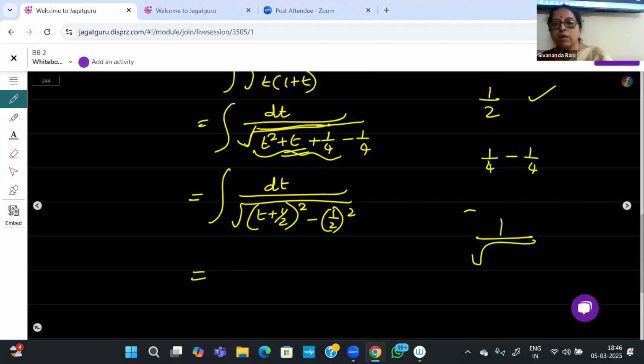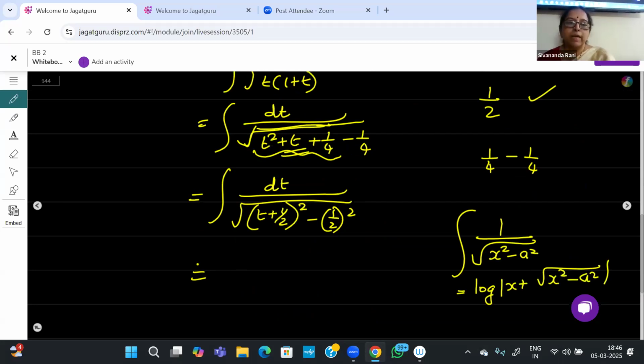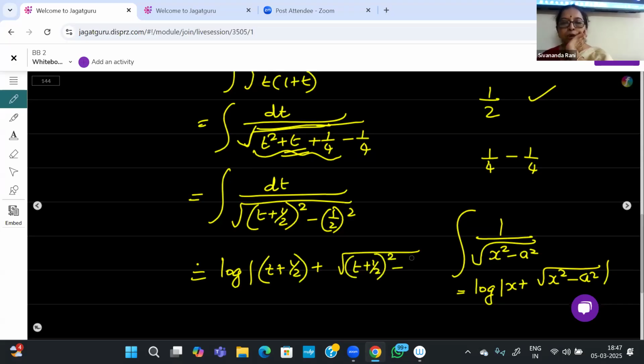This looks like x square minus a square. That is nothing but log mod x plus this. There are so many details to remember, of course, but remembering is due to your involvement. Those who are involved will always remember. Those who are focused and those who want to achieve things will definitely remember.